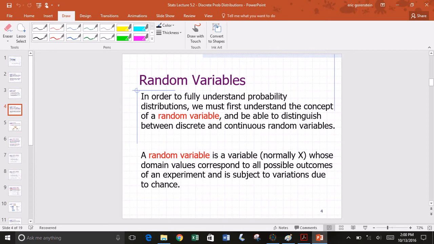So, for example, if you are rolling a single die, there are 6 possible outcomes. The die could land on 1, 2, 3, 4, 5, or 6. In that case, the random variable has a domain of those 6 numbers, 1, 2, 3, 4, 5, and 6. So the random variable, normally we use the letter x, could take on any value that corresponds to the outcome of an experiment.